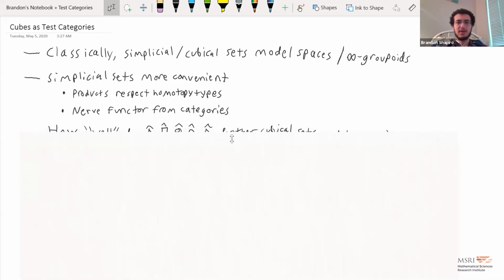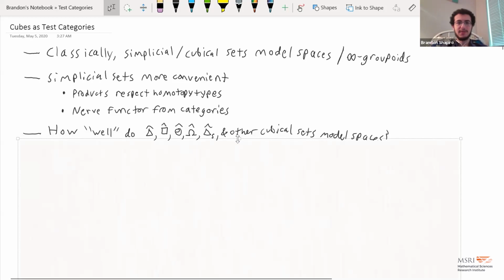But we can talk concretely about, from this perspective of the different properties a type of diagram might have, how well does it do?